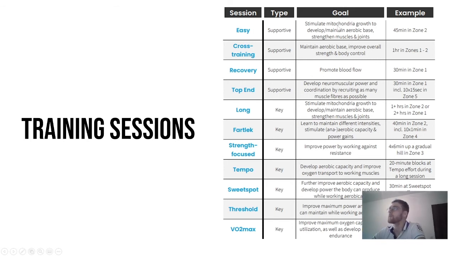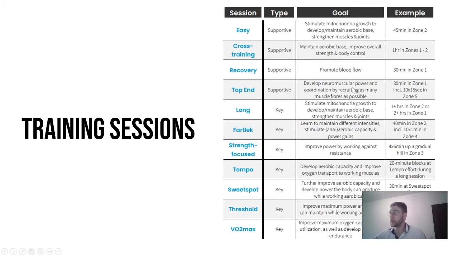And again, easy sessions stimulate mitochondria growth, same as cross training, but for different muscles. Recovery just promotes the blood flow to speed up all of the adaptation processes.